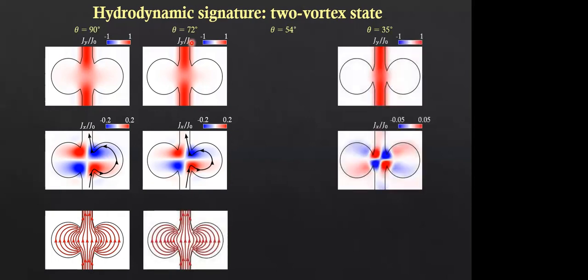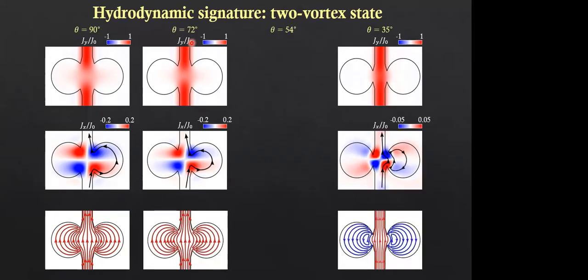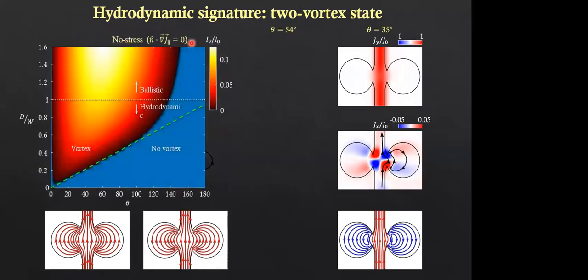For theta equal to 35 degree, we have vortical flow inside the chamber. For theta equal to 54 degree, before going to that, we put our data points: 90 degree, 35 degree, 20 degree. This is 72 degree, I think.